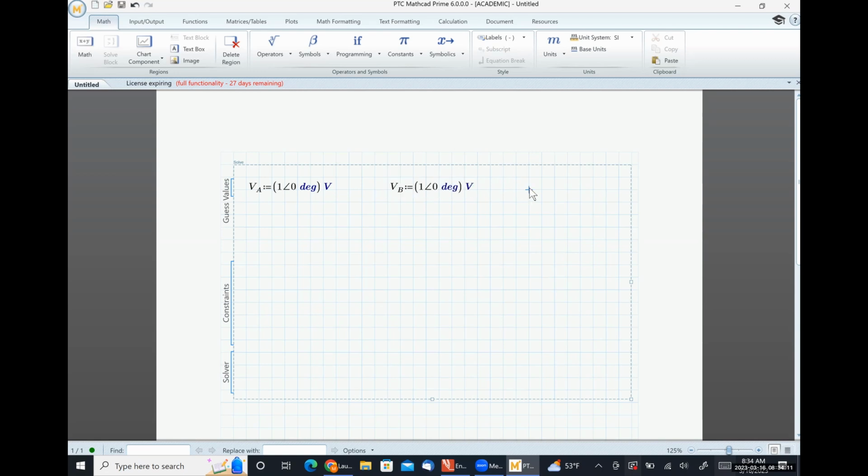Over here, I'm going to do it for VC. VC is equal to 1, and 0 degrees volts. And if you guys have any questions about anything, please, please, please let me know.